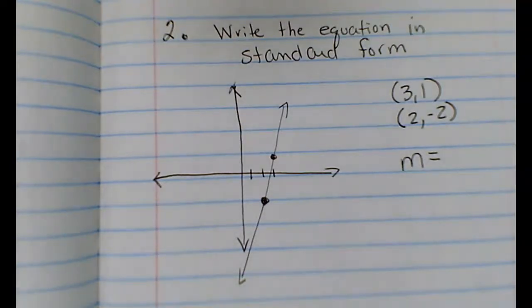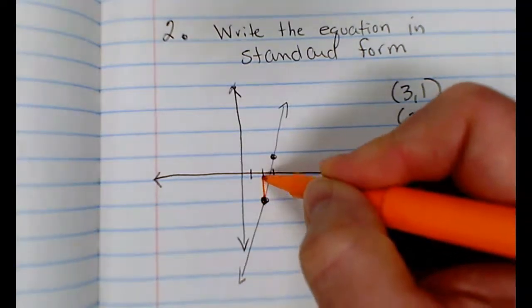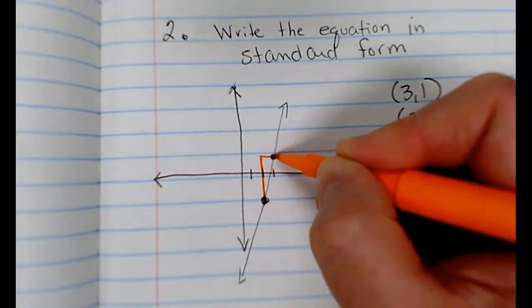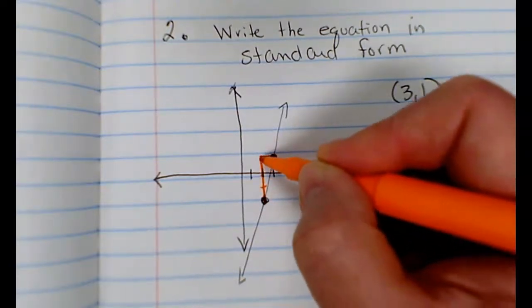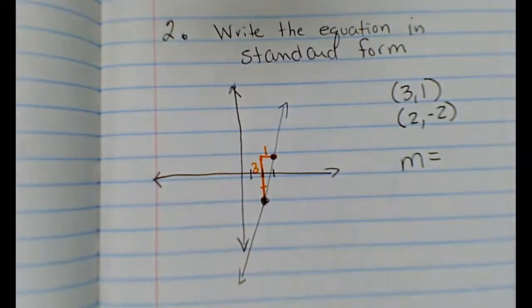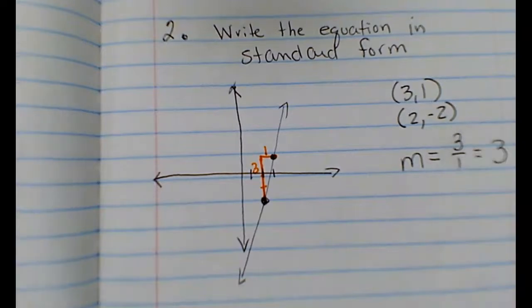When you are given a graph, I can use my slope formula, but it should be easier to count rise over run. 1, 2, 3 over 1. It is a positive 3 over 1. That reduces to 3. Was there a question?